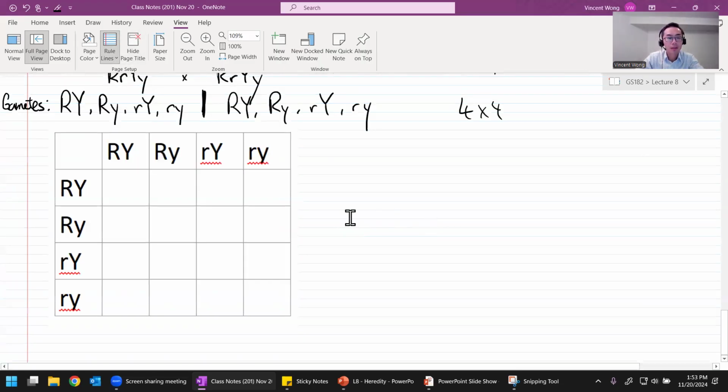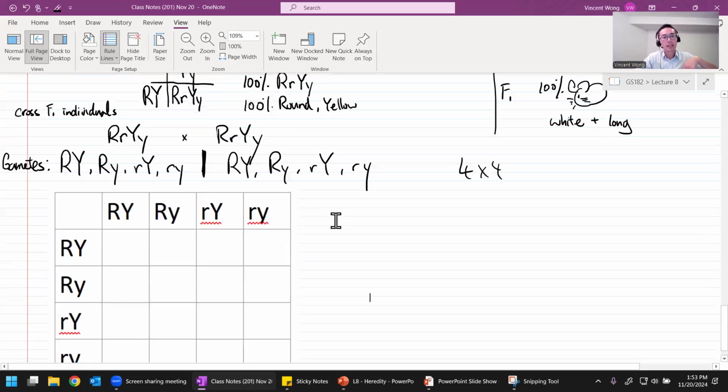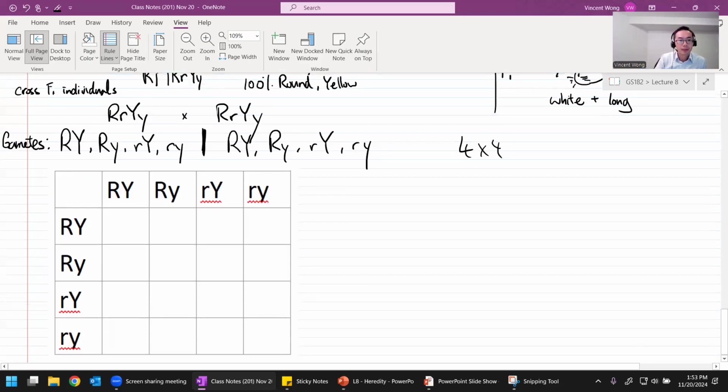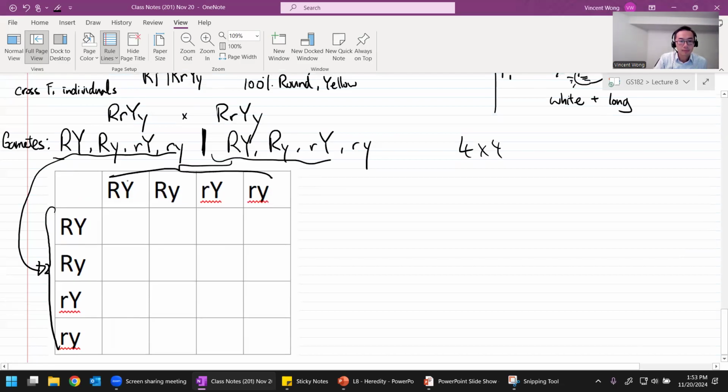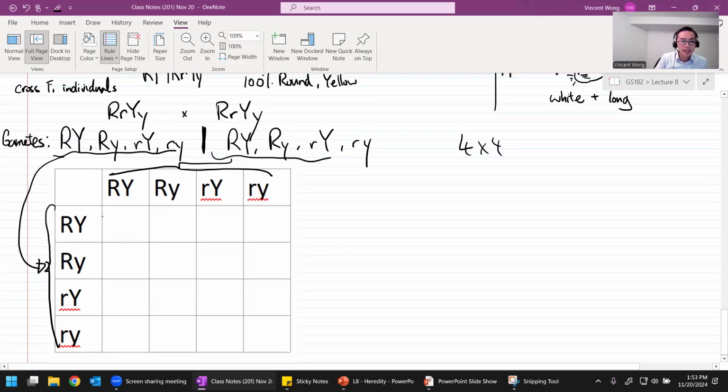Okay. Do you understand where the letters come from? Right, so all this stuff goes here, and then all this stuff goes here, right? And now it's just the painstaking work of combining them together.